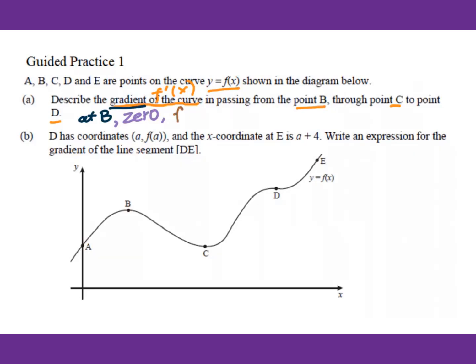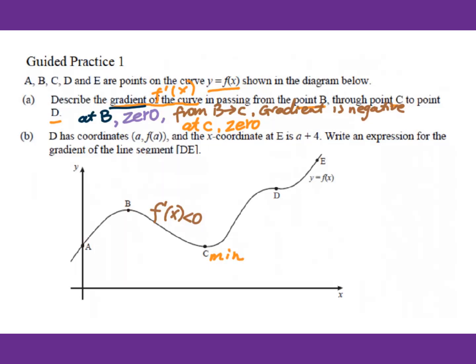Then from B to C, since this is decreasing, therefore the derivative is less than 0, so the gradient is negative. Then at C, the gradient equals 0 because this is a minimum point, a local minimum.